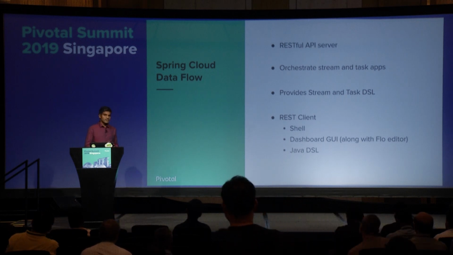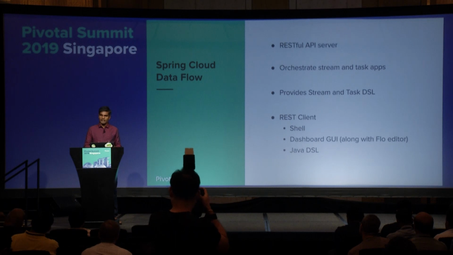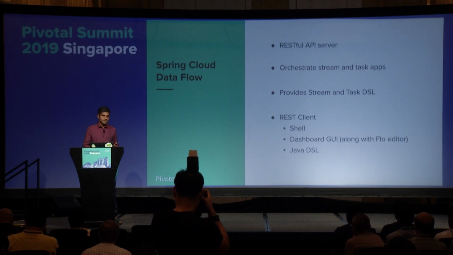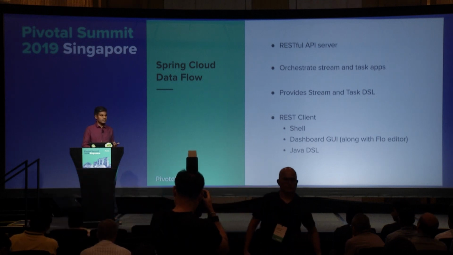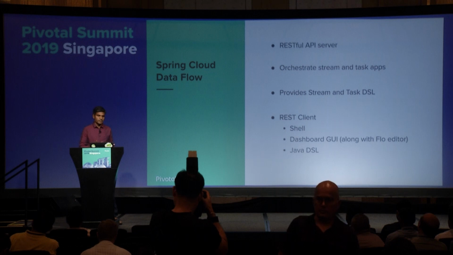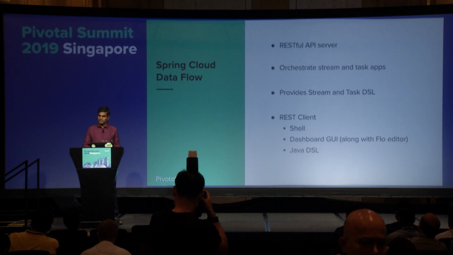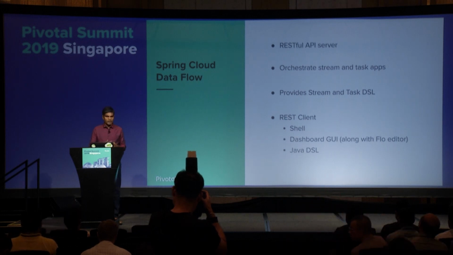In essence, Spring Cloud Data Flow is a RESTful server. It exposes REST endpoints for the users to interact with. Using those REST endpoints, you can create and control the lifecycle operations of a stream and task. It provides the DSL, the domain-specific language, for creating and managing the streams and tasks.